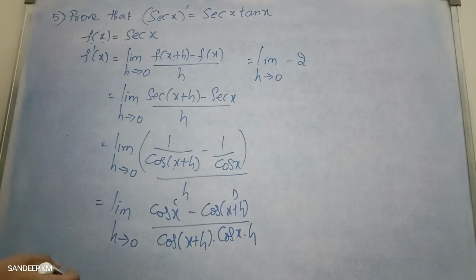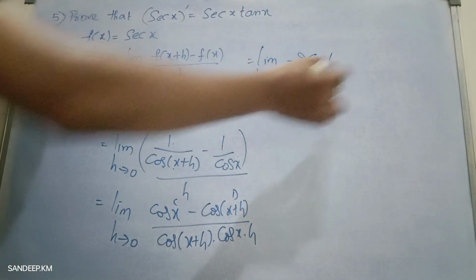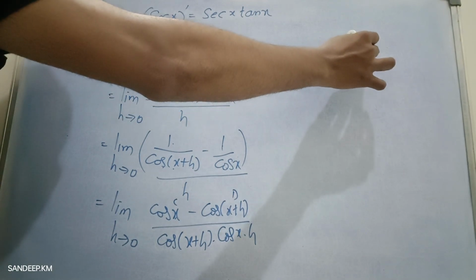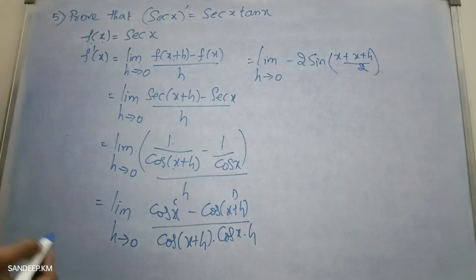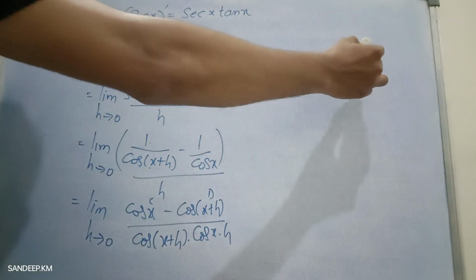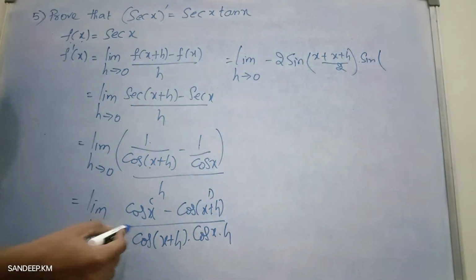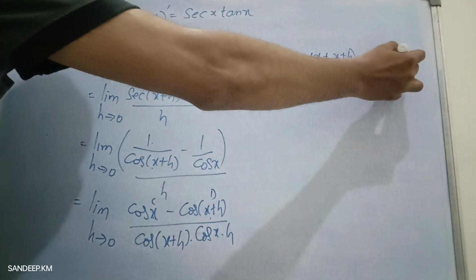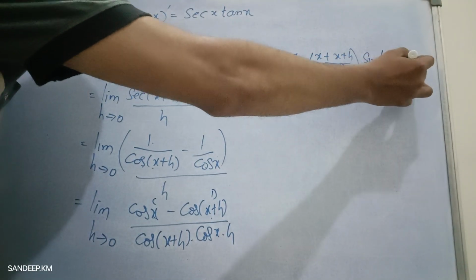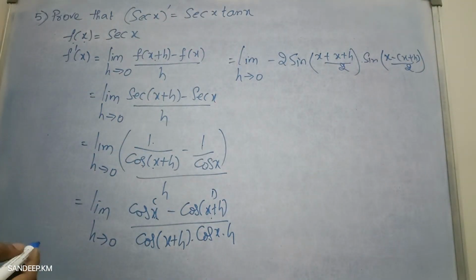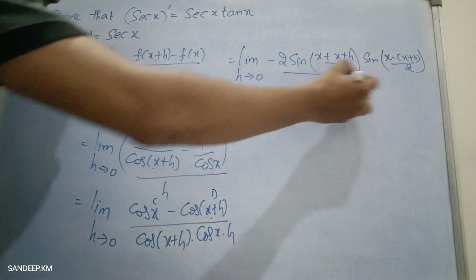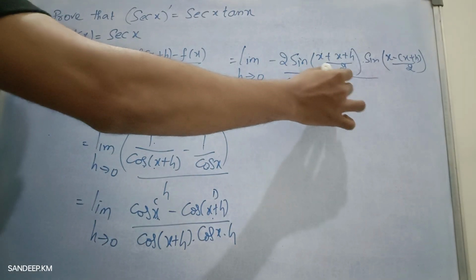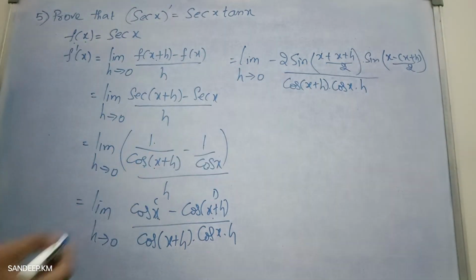Cos c minus cos d is minus 2 sin of c plus d by 2, that means x plus h by 2, into sin of c minus d by 2, that means x minus of x plus h, whole divided by 2. And in denominator we already have cos of x plus h into cos x into h.